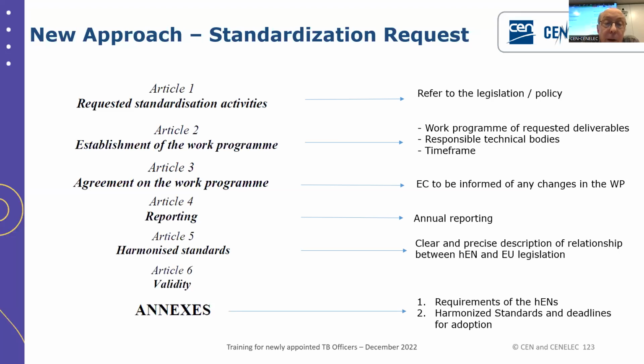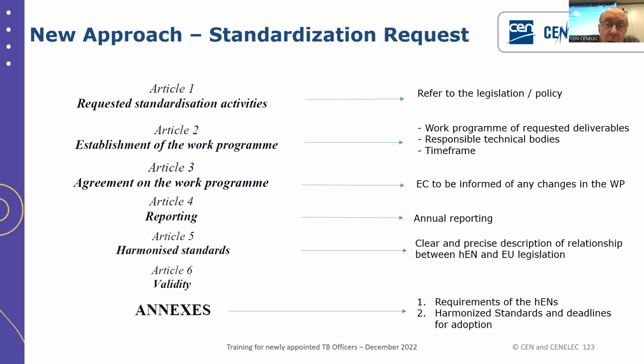And then there is an Article 3, which is the need to provide a work program, because when you get the standardization request, 6 months or 3 months after, you need to reconfirm the work program. And then, of course, there is a kind of scrutiny. And so on an annual basis, CEN and CENELEC need to give a report back to the Commission.